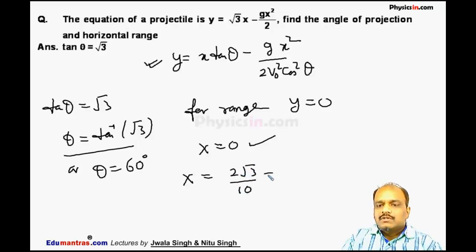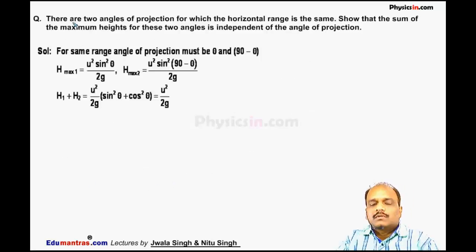This is the range of this projectile. We can very easily calculate range by putting y is equal to 0. So if we put y is equal to 0, we get 2 root 3 by g, g means 10. This is the range of the projectile on horizontal ground.